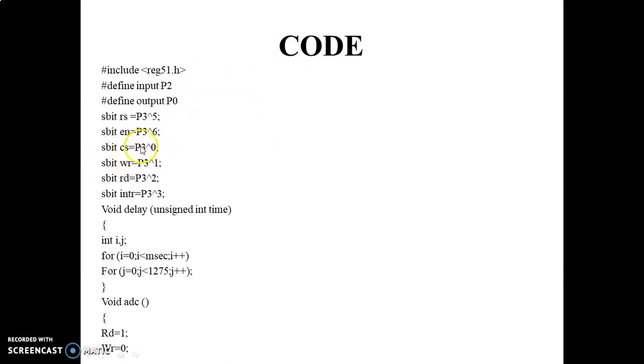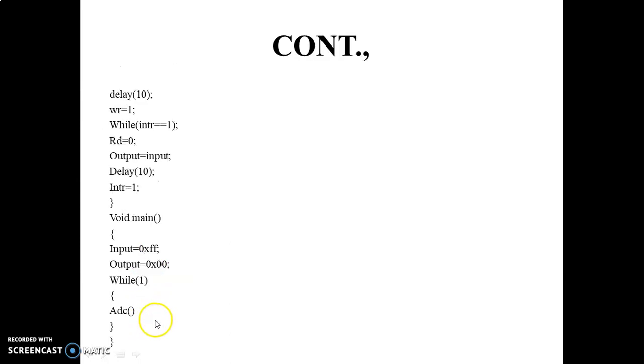Then port 3 pins 0, 1, 2 and 3 are used as chip select, read, write and interrupt, and the delay function is declared, reading the values from the ADC and displaying on LEDs. Then finally declaring the input port as 1 and declaring the output port as 0.